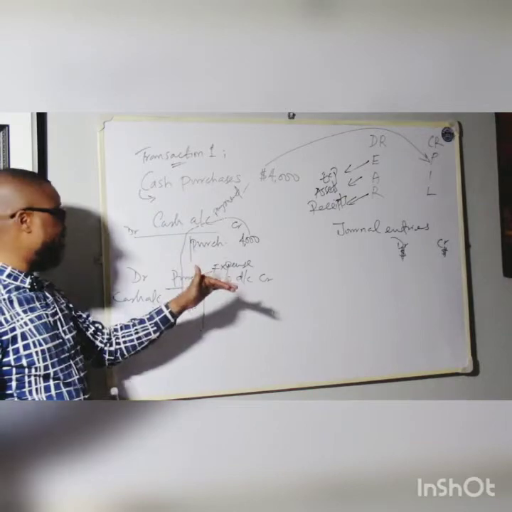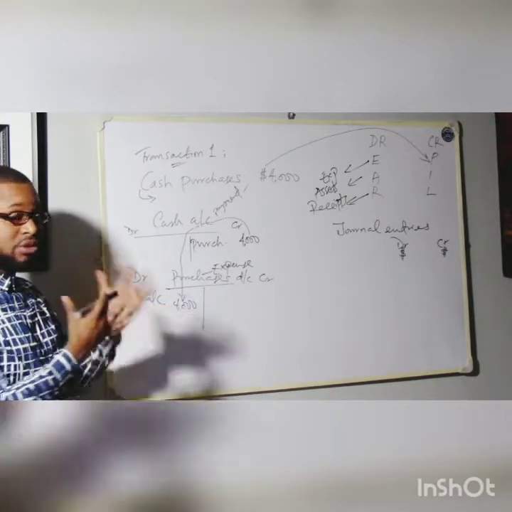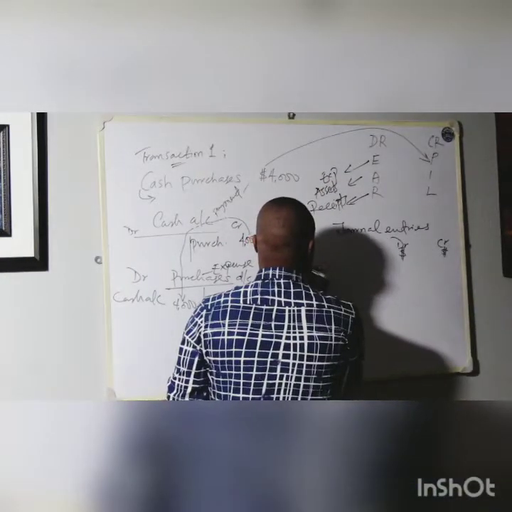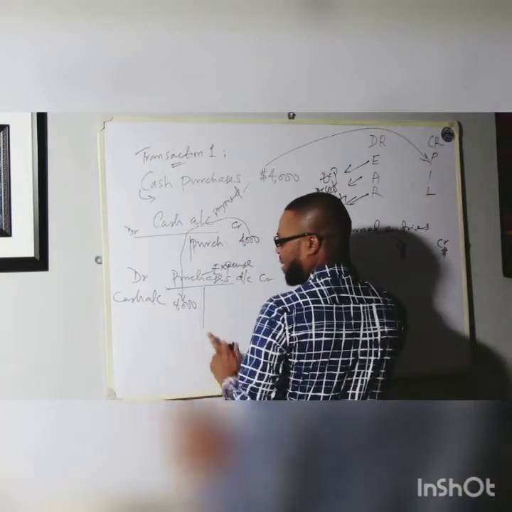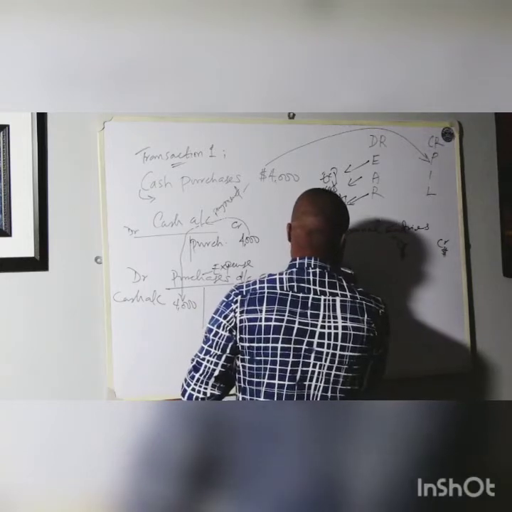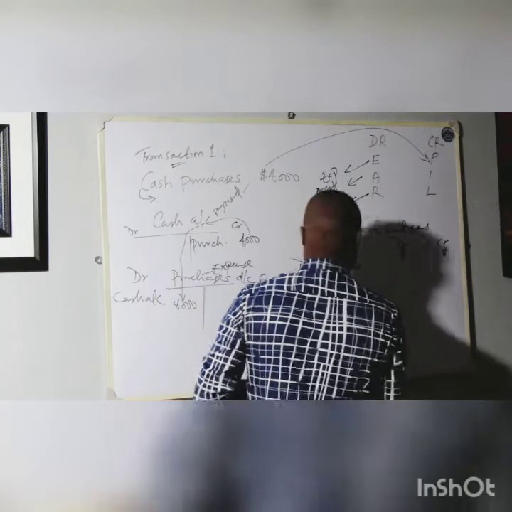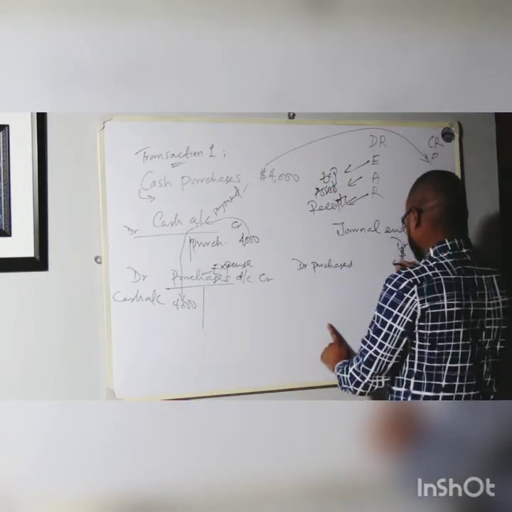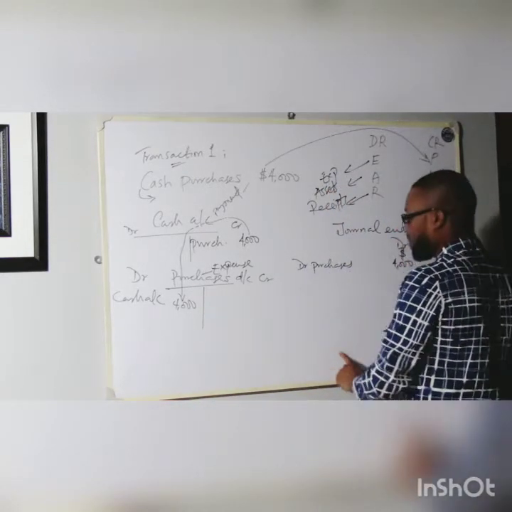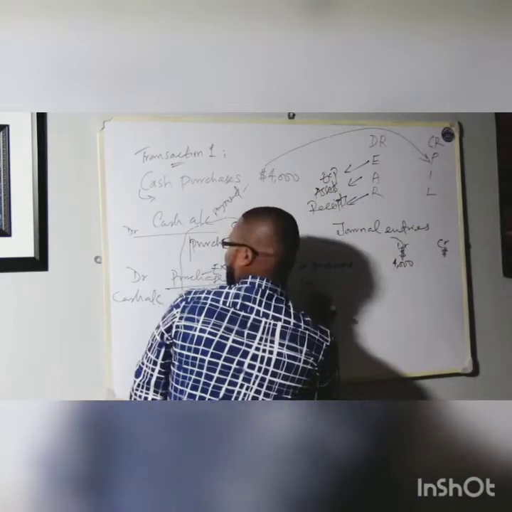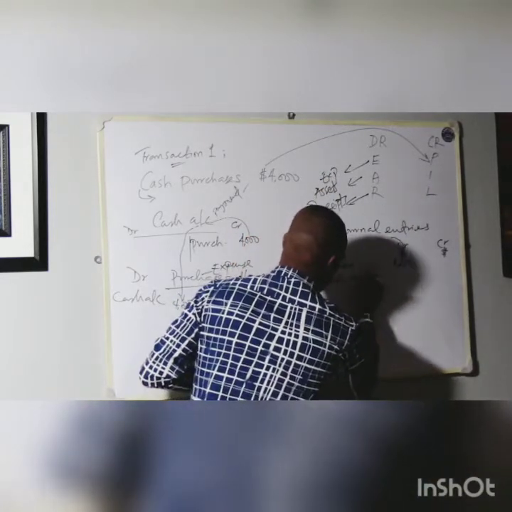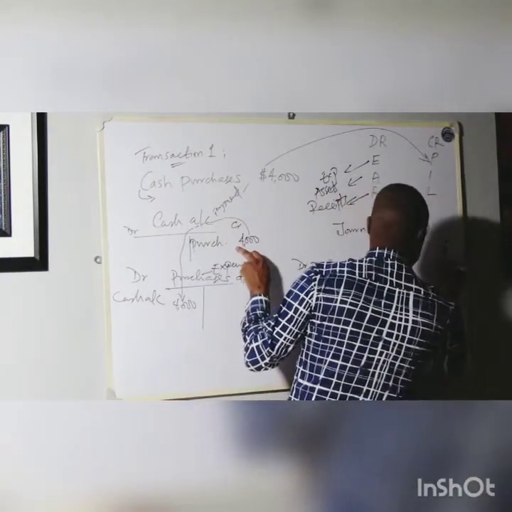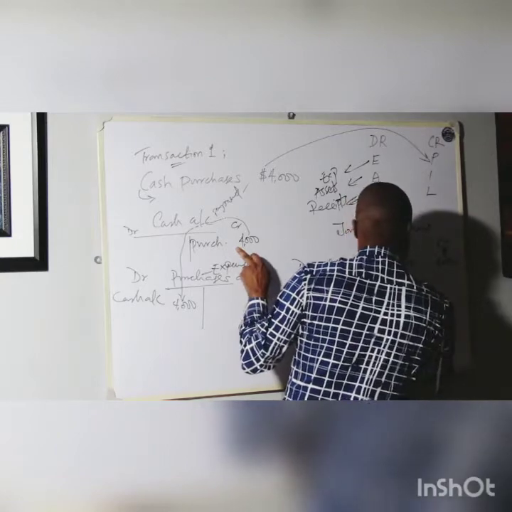But in the case of journal entries, we normally start with debit, then proceed to credit. So you look at it and say, debit, which account are we debiting? Purchases. It's a debit purchases, and that is on the debit column, $4,000, and then you say credit cash account, which is on the credit side, $4,000.